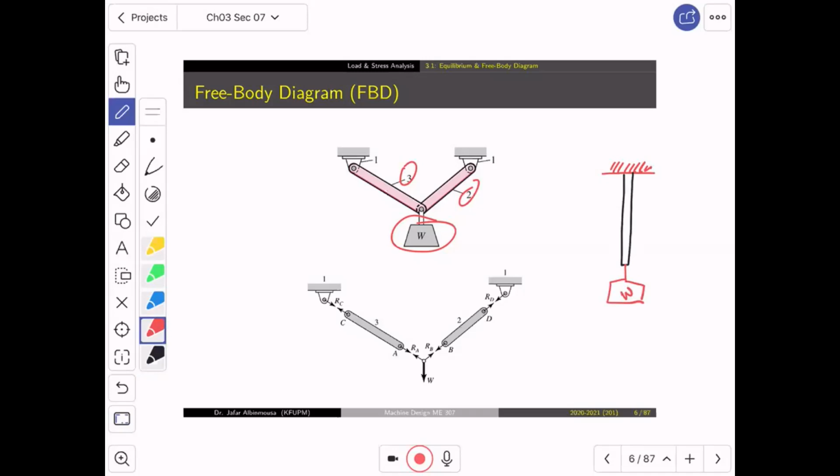Now we all know that weight is equal to mass times gravitational acceleration. So if this is 10 kilograms multiplied by 9.81, this is going to be 98.1 Newton.